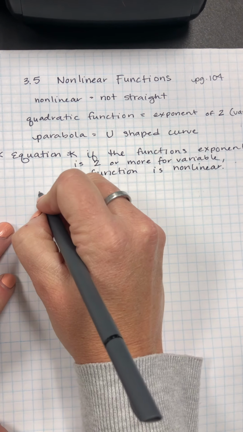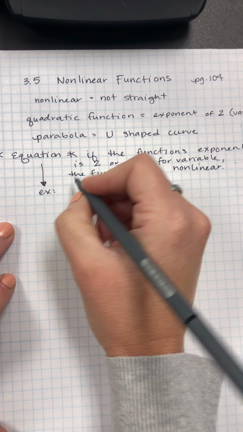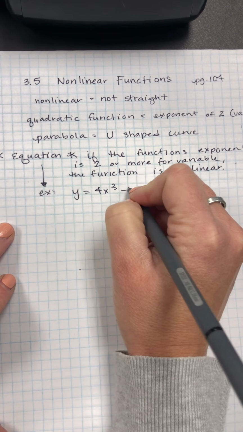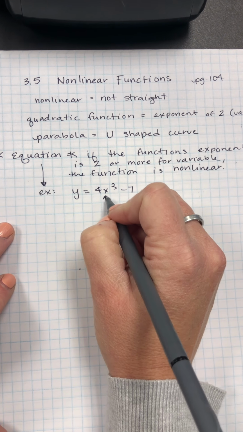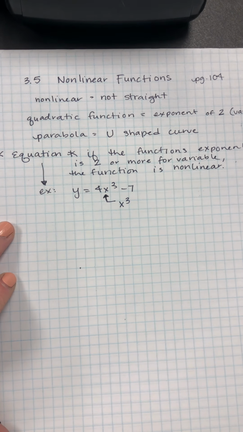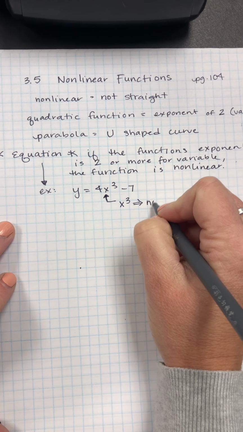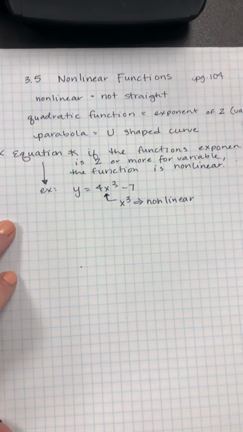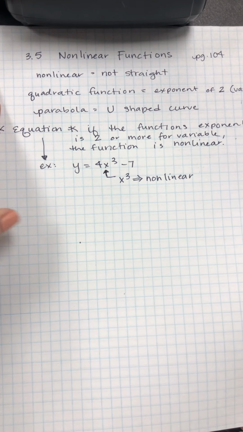For example, if you see something like y equals 4x to the third minus 7, x to the third is the variable, which means that it is non-linear because it's 2 or more. So just by looking at this, I can tell that it's not going to make a straight line.